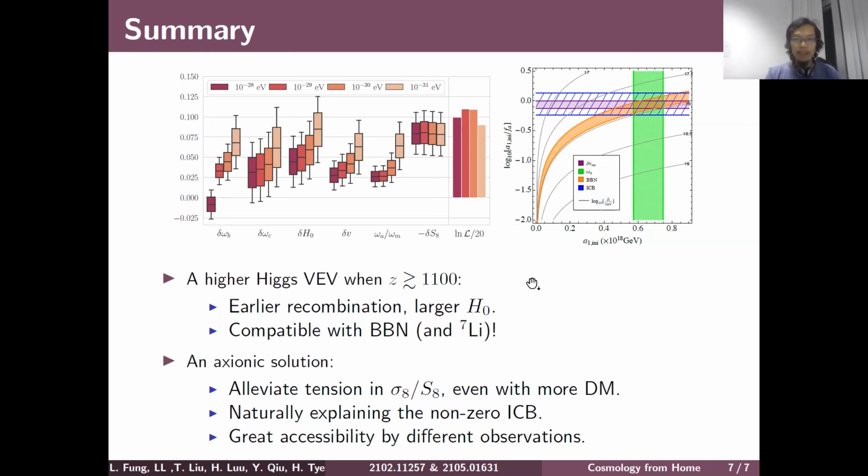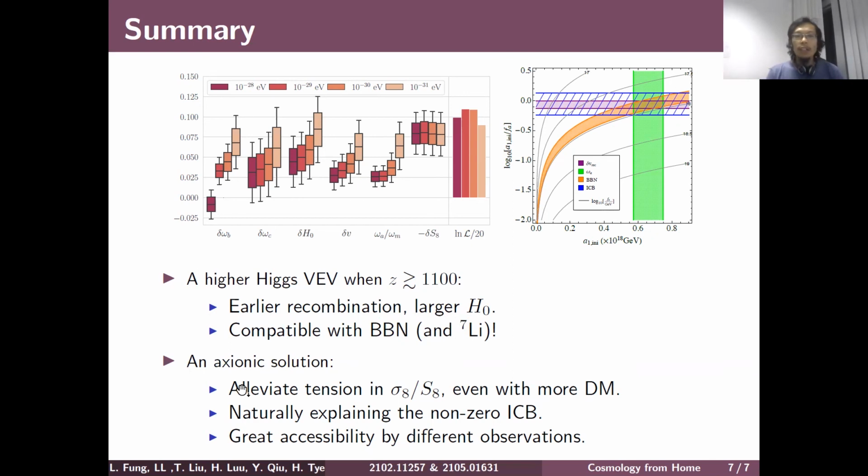So in brief, the take-home message for our Axi-Higgs model is this. It works through a higher Higgs VEV during recombination and earlier, because the heavier electron mass brings an early recombination, and therefore a higher Hubble constant is allowed. It is also compatible with current BBN observations, and potentially gives a solution to the lithium-7 problem.